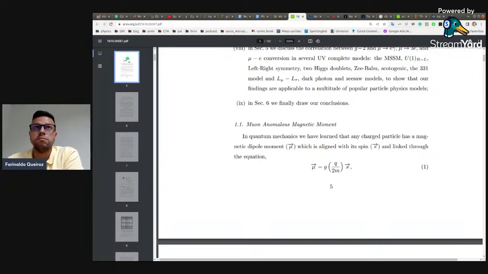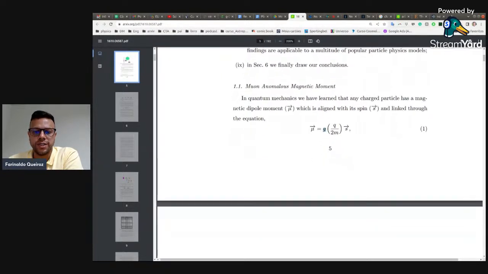So if I know g, but what I'm trying to measure is the value of g, I'm trying to test whether this g is precisely the value predicted by the Dirac equation.